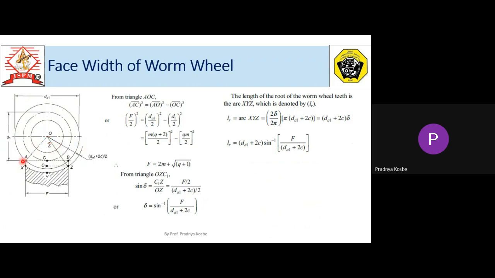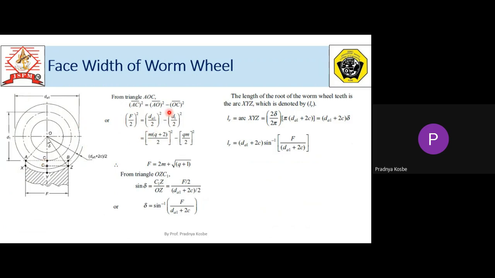AO, what is AO? It is the radius of the outside circle. So the outside circle diameter is dA1, and AO is dA1 by 2. Then OC is what? The pitch circle radius, that is d1 by 2.